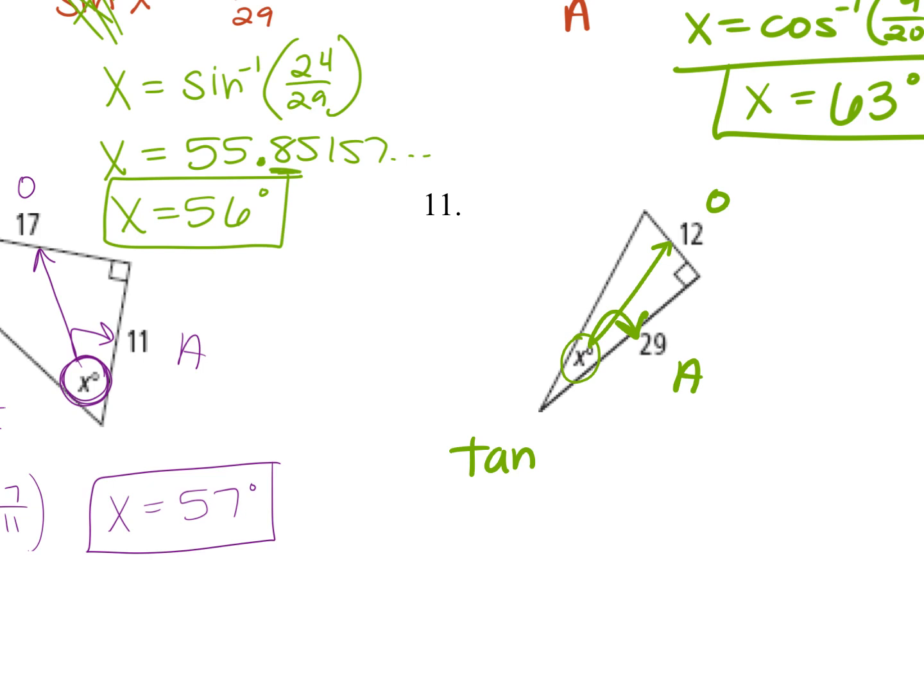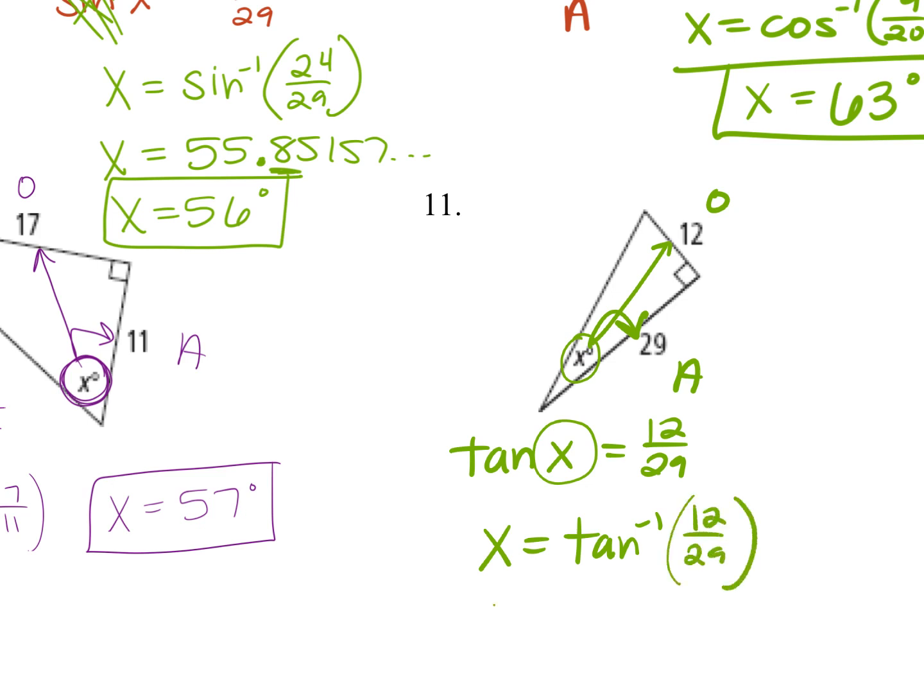What comes after the trig function always? X, the angle. So tan X equals 12 over 29. Then you set it up with the inverse tangent. So the inverse tangent of 12 over 29 is what you plug in. And what does it come out to? 22 degrees.